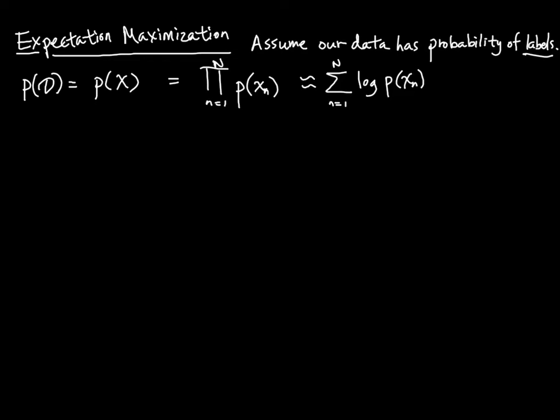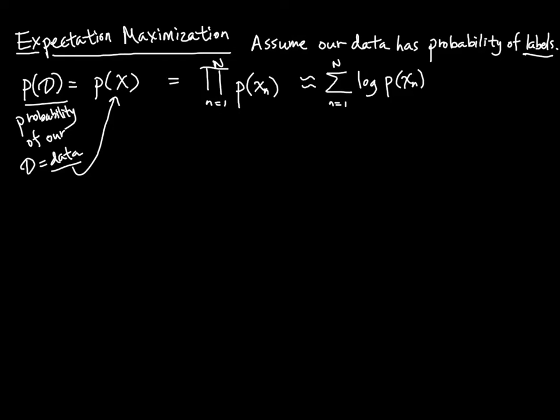And here we're trying to maximize the probability of our D, as in data, right? And what is our data? Here we have X only, right? This is an unsupervised setting, so we have X but we don't have Y, right? And we're trying to maximize the probability of X happening, right?